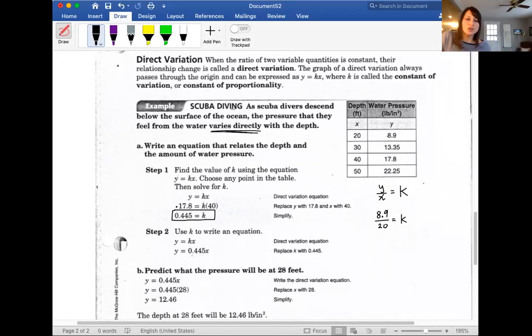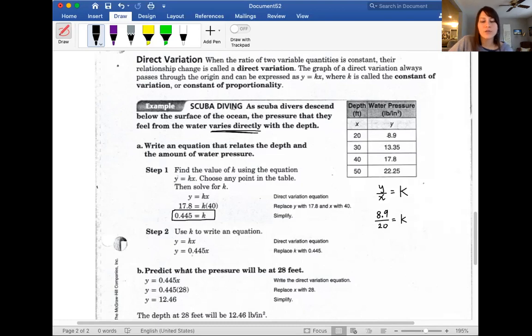And so now we can use our direct variation to predict future amounts. So we found K, and so in an equation we could say Y equals K times X. K is 0.445.